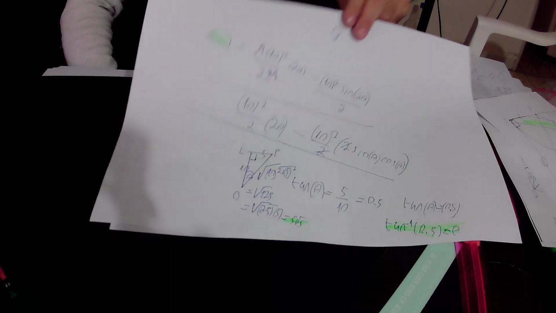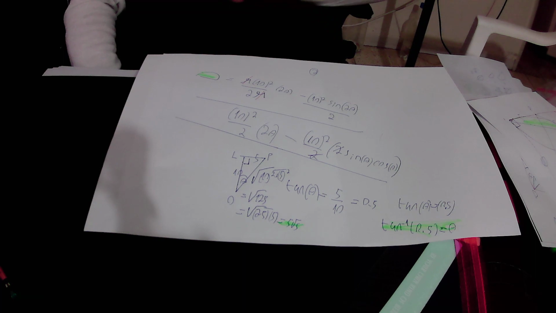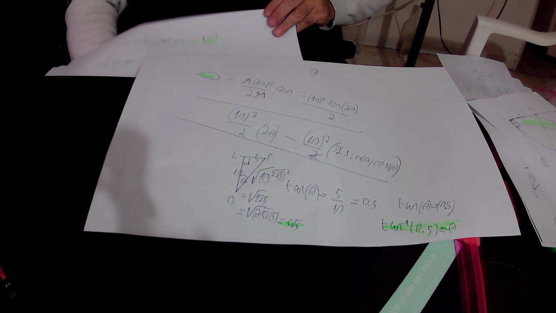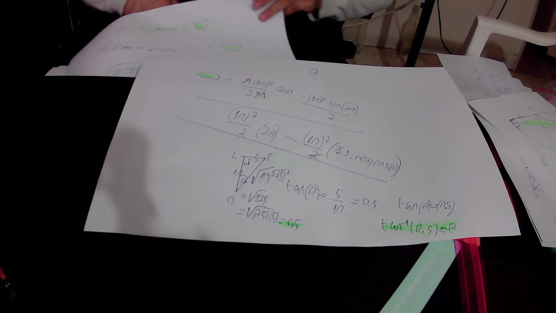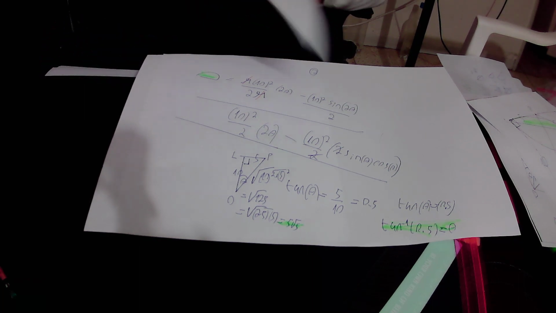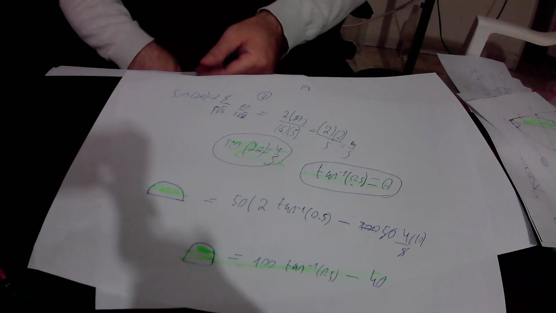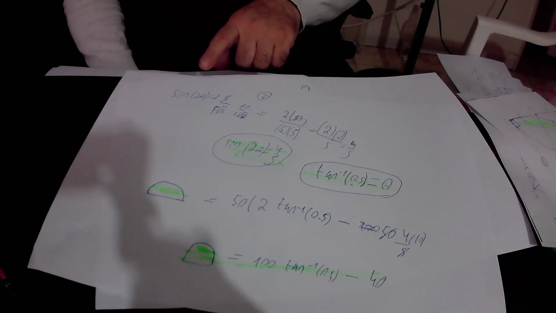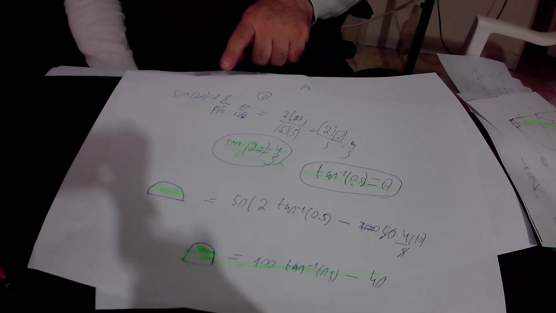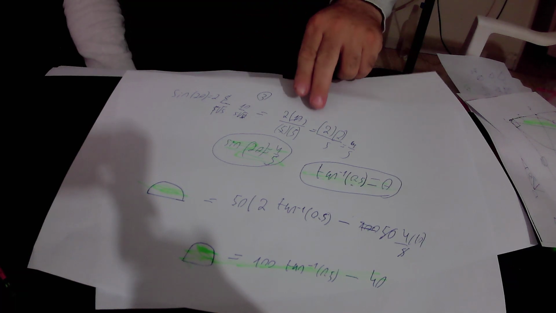So in this way we can find the value of sinus 2 theta. We know that sinus 2 theta equals 2 sinus theta cosine theta, so it is 2 times.